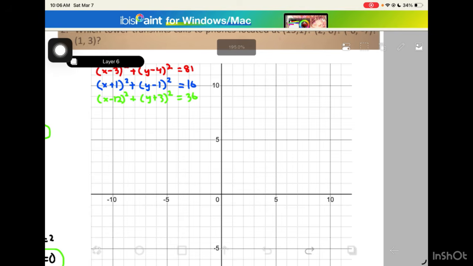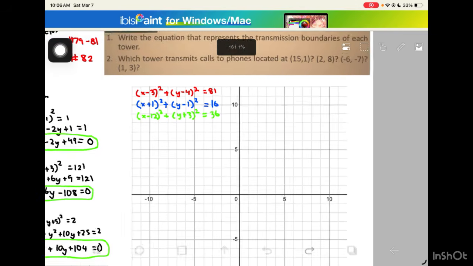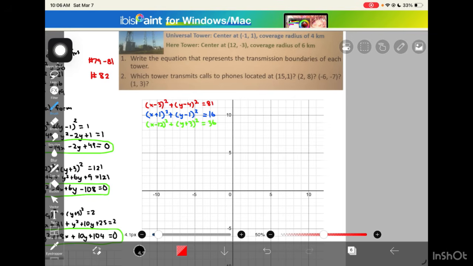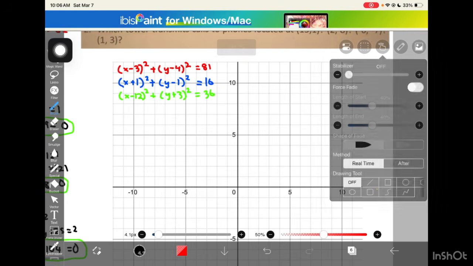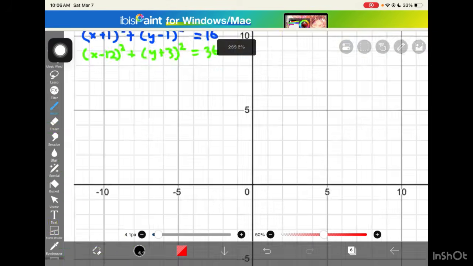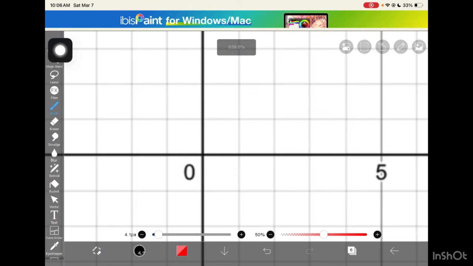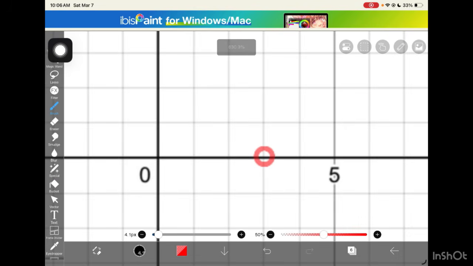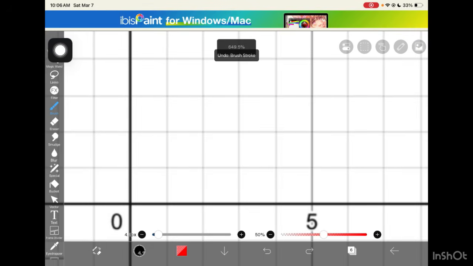So I might have to overlay this one. So no, let's use 50% transparency. Okay, so we need to find the center first. 3 and 4. So 1, 2, 3. So it's over here. Then 1, 2, 3, 4.